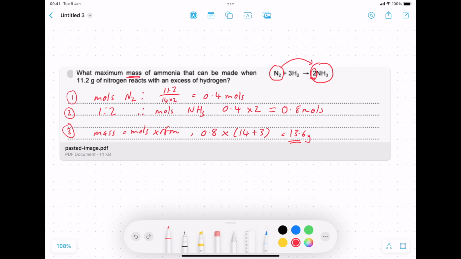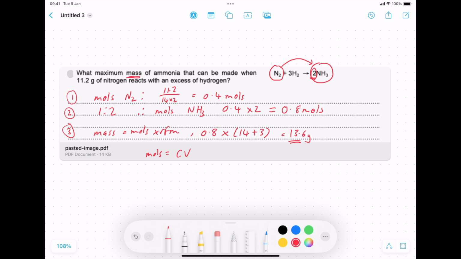Right. What would happen if you were asked to find, say, the concentration of ammonia being produced, or the volume of ammonia being produced, if it was in the gas form or liquid form? Well, instead of using moles equals mass over RFM, you would use, for the liquids one, moles equals C times V. C for concentration, V for volume.